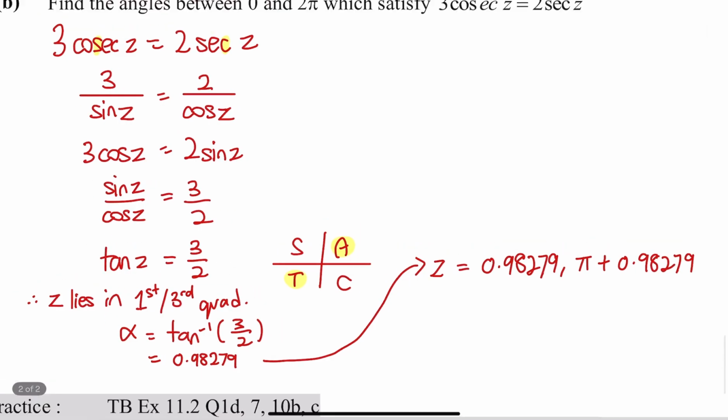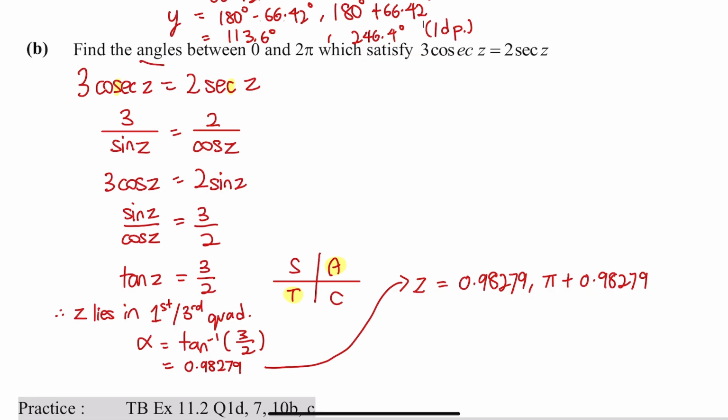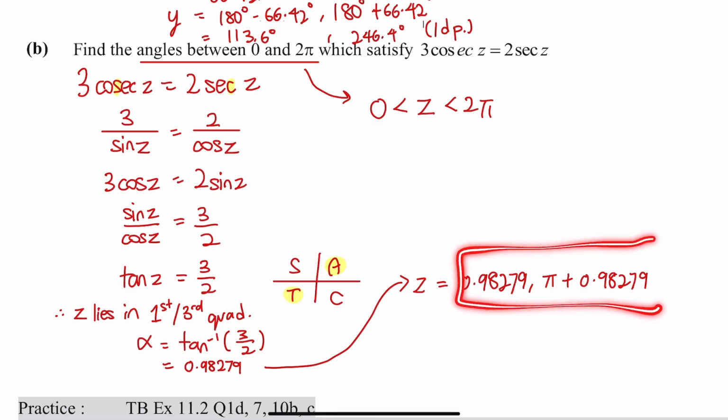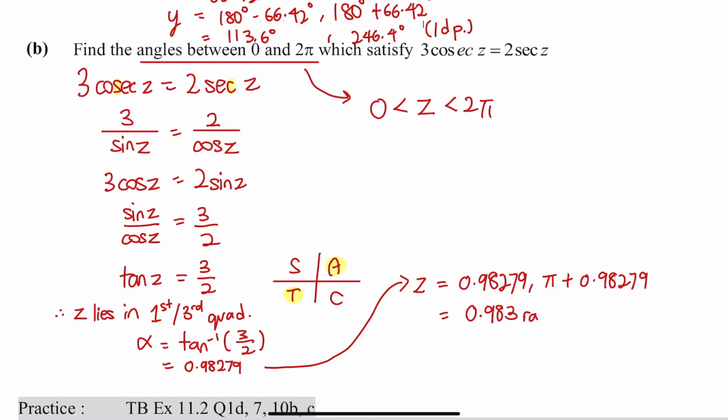Check the range of values, angles between 0 and 2 pi, which means that over here I want Z to be between 0 and 2 pi. So this is one cycle, it satisfies the range over here. No need to plus or minus any cycles. Final answer, I can round off to 3 SF, I should get 0.983 radian or 4.12 radian, rounded off to 3 SF.